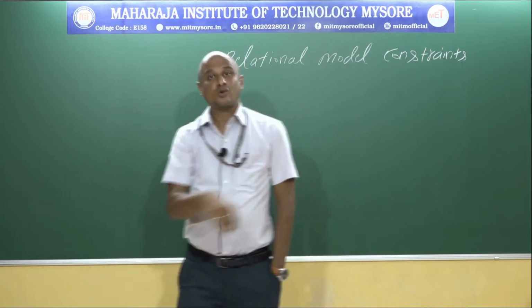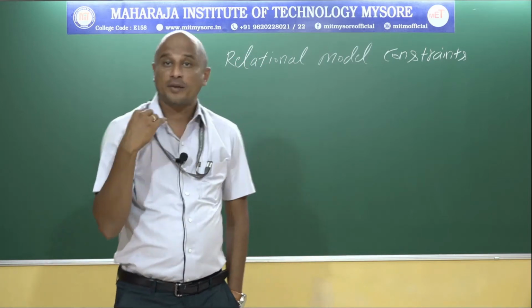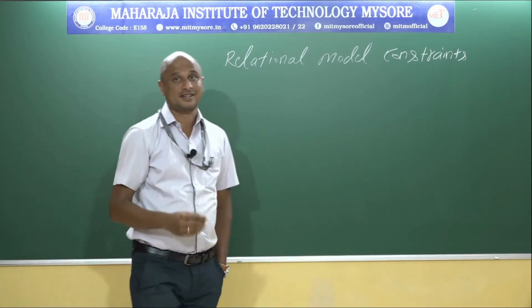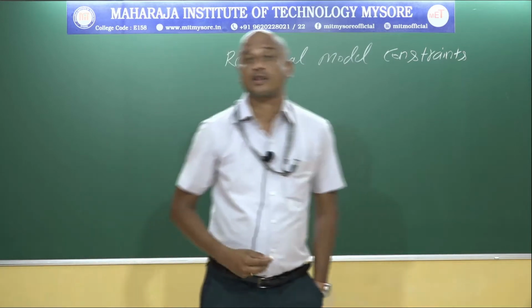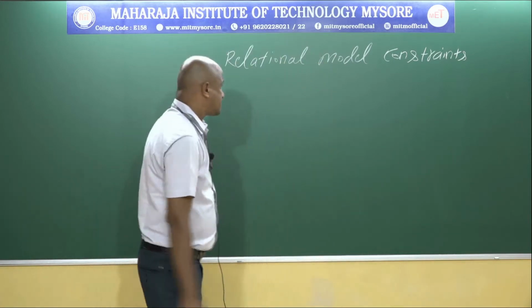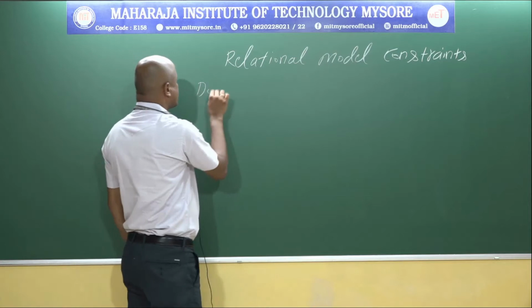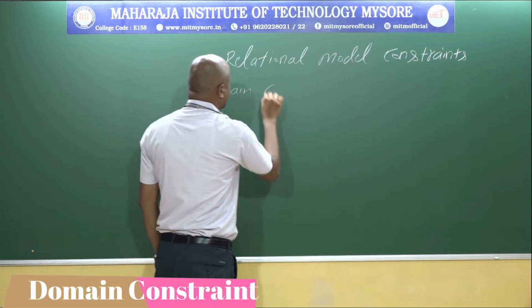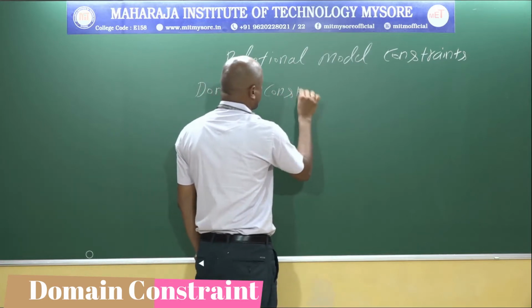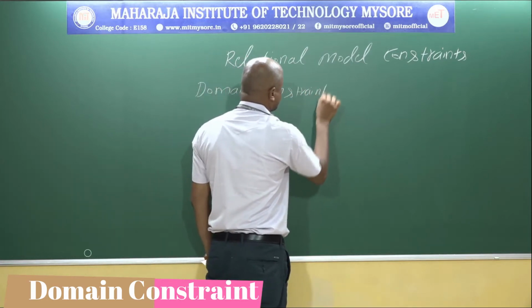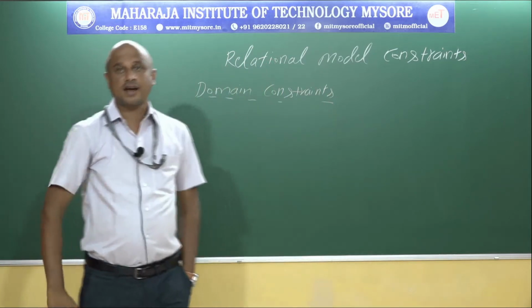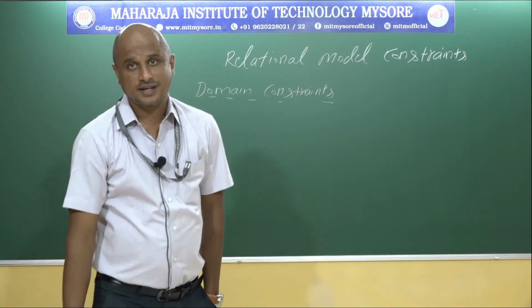The rules you need to follow on a particular table come with the relational model constraints, okay. The first constraint is the domain constraint.